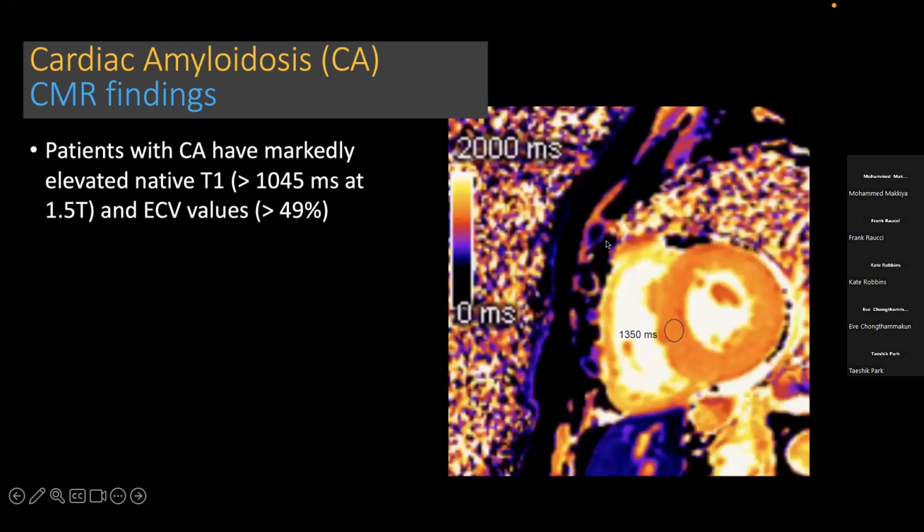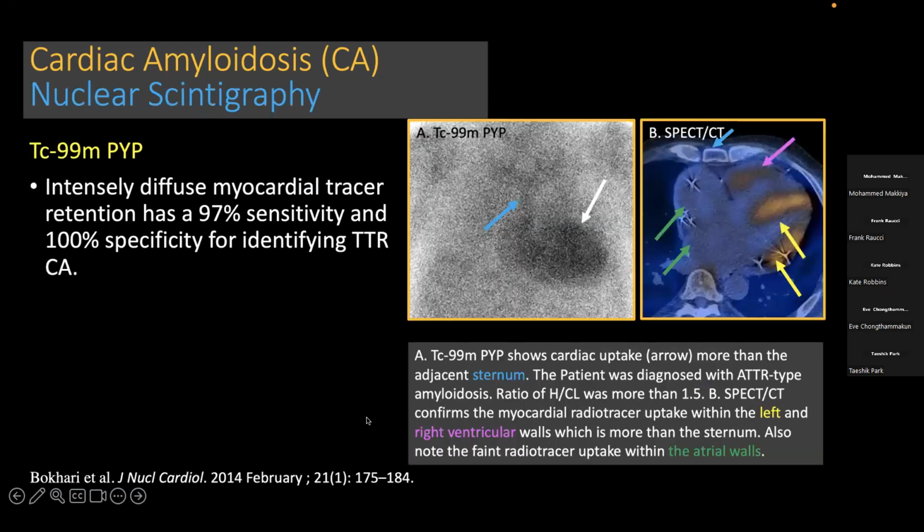Patients with cardiac amyloidosis usually have very high elevation of the native T1 values, reported on 1.5 Tesla as more than 1045 milliseconds, and elevation of the ECV values of more than 49%.